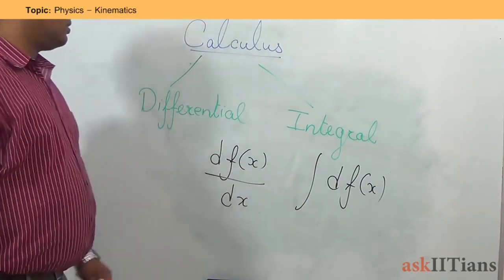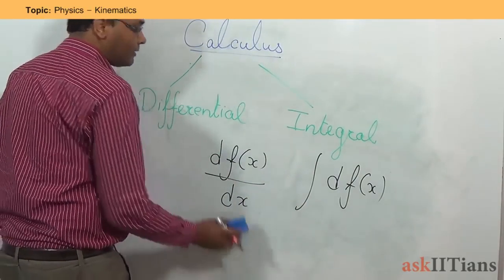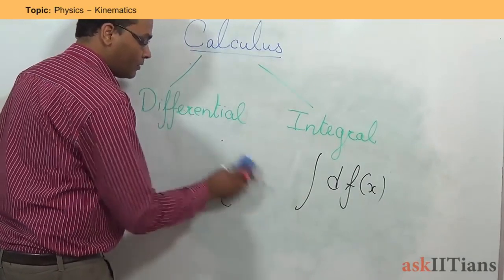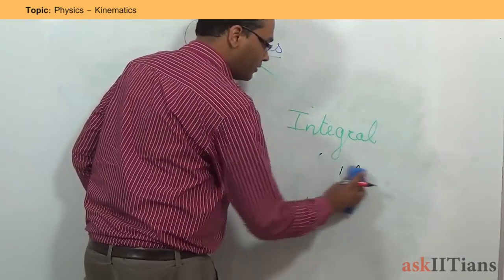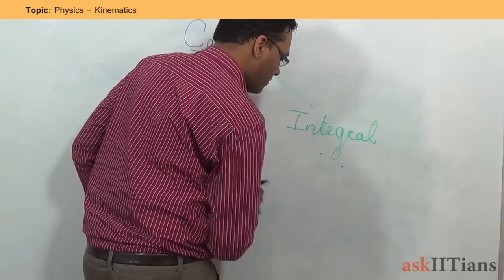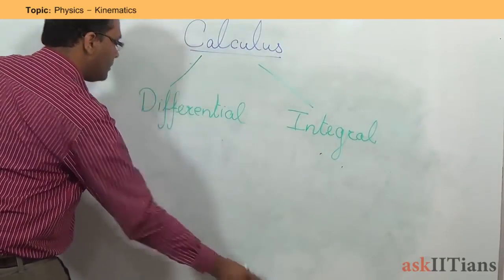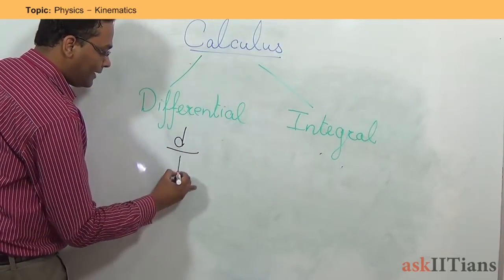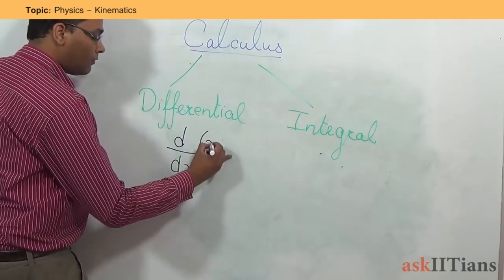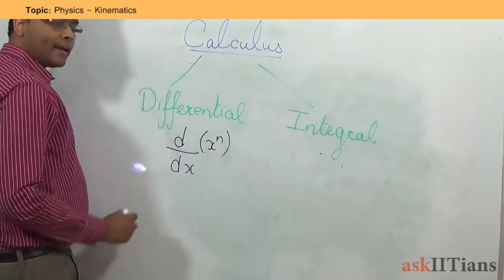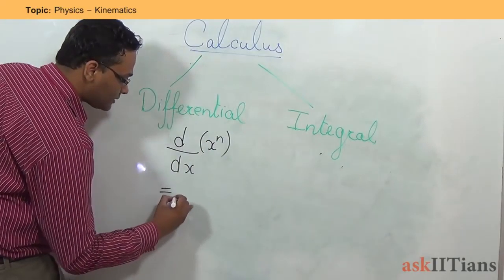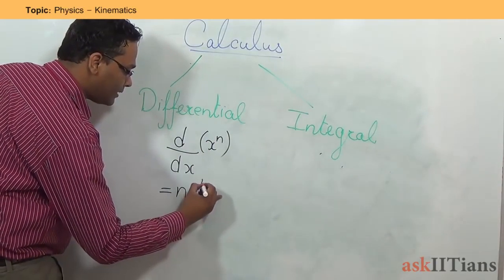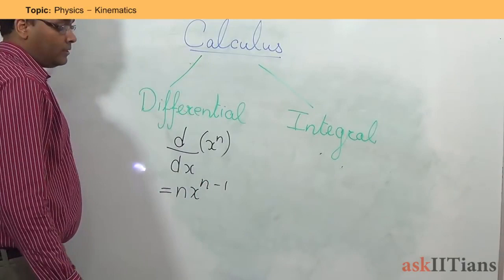Okay? Some simple formulae of differentiation and integration, which I'll be using basically. So d by dx of x raised to the power n, I guess I had it down before as well. This is going to be given by n x to the power n minus 1.